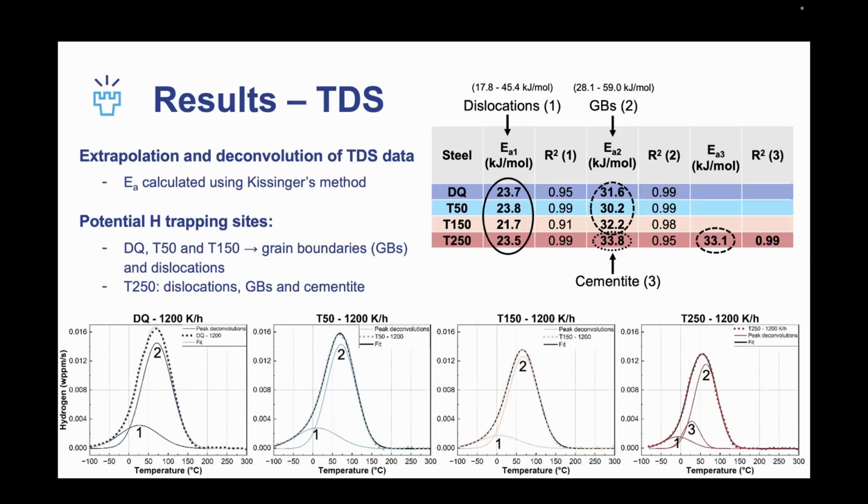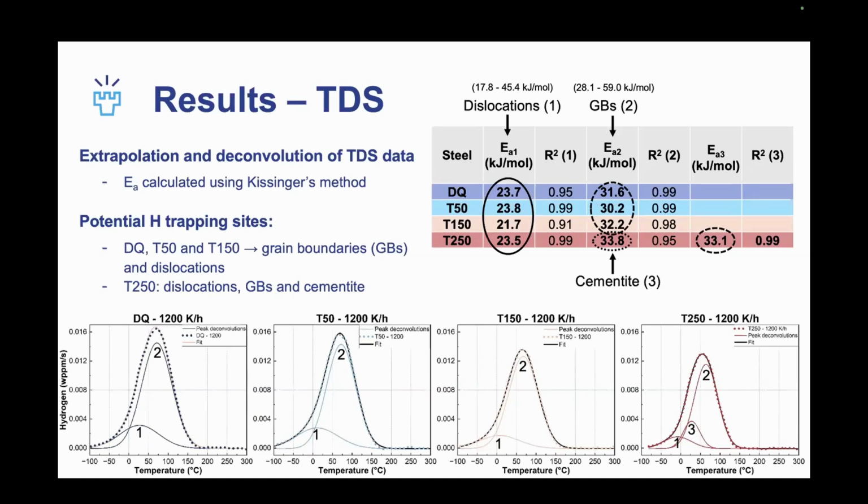We have grain boundaries and dislocations, for sure. For the DQ, T50 and T150, we deconvoluted the peaks, and we could see that the first peak could be the dislocations, and the second one the grain boundaries, which could be in line with the literature and the observed activation energies for them.